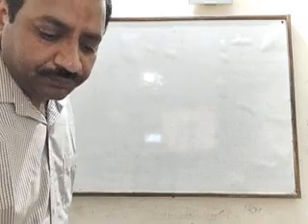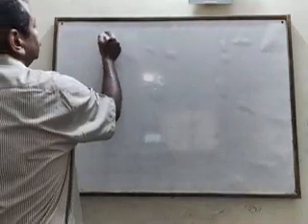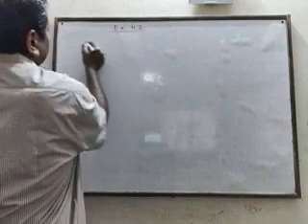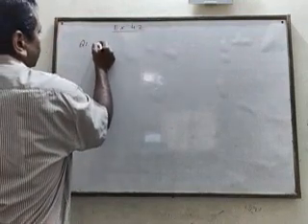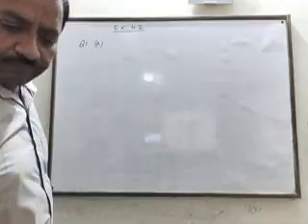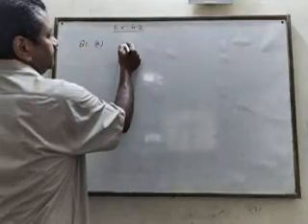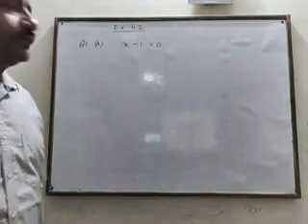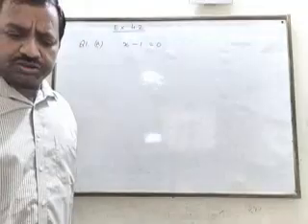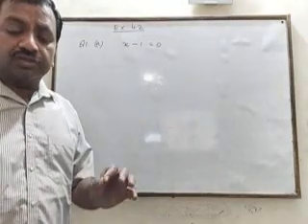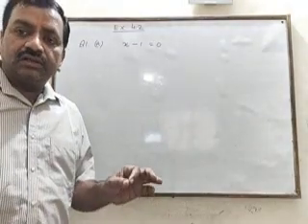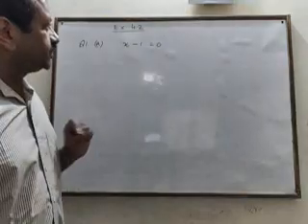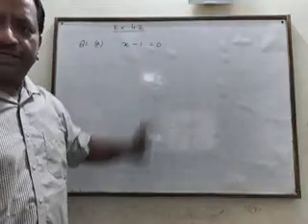Exercise 4.2, question number 1, A part: x minus 1 equal to 0. What do we need to do in this question? We need to find the solution. Solution means the value of the variable at which the left hand side becomes equal to the right hand side.